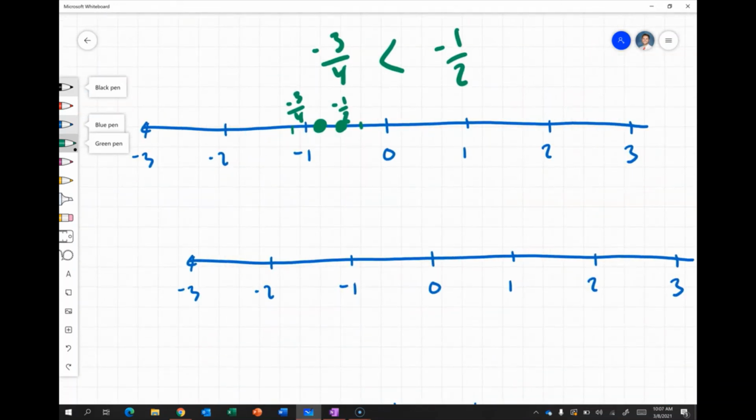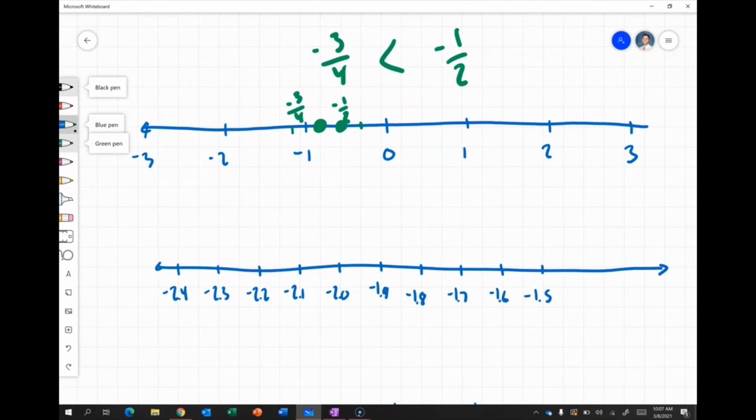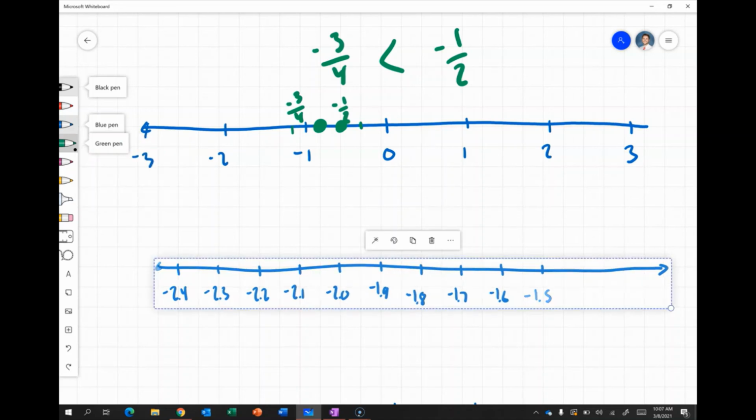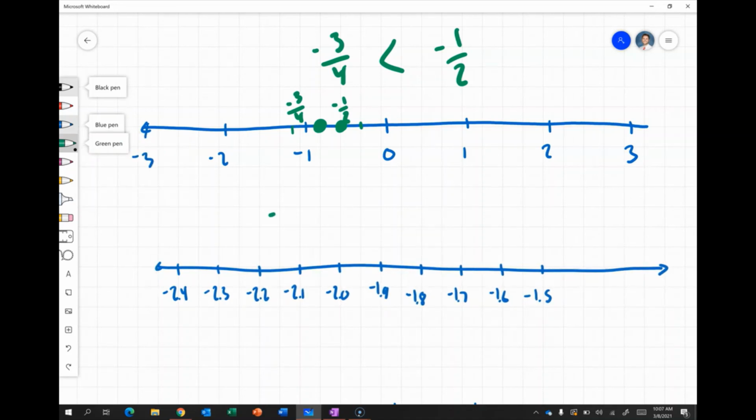Now let's look at another one. We're going to put in order from least to greatest the following three numbers: negative 2.3, negative 1.5, and negative 2.0.